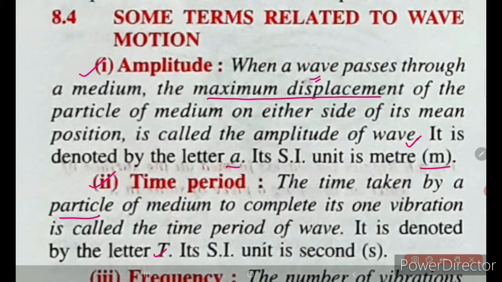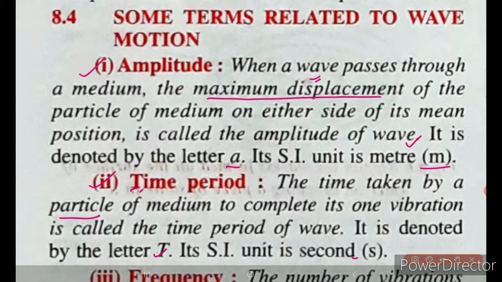Further explaining this term time period, you can take an example of a simple pendulum. Suppose the pendulum starts from the mean position, goes to the left-hand side and reaches an extreme position. Again it needs to come back to the mean position and then go to the right-hand side. Once it comes back again to the mean position, one complete oscillation is done.